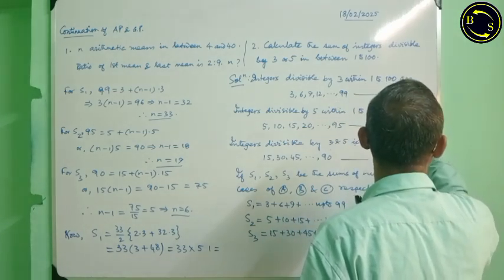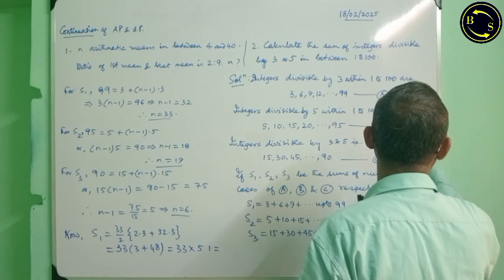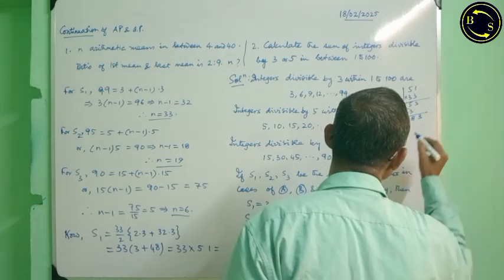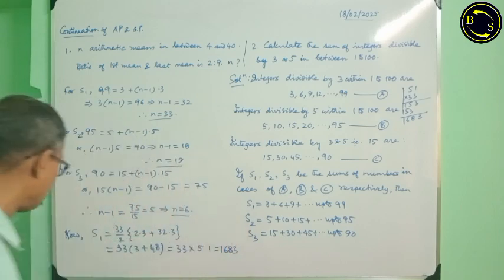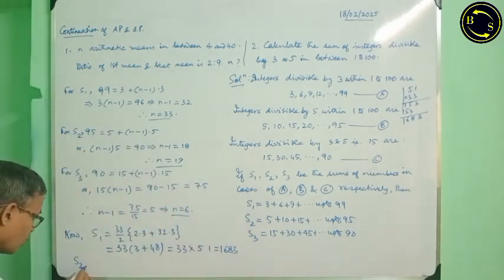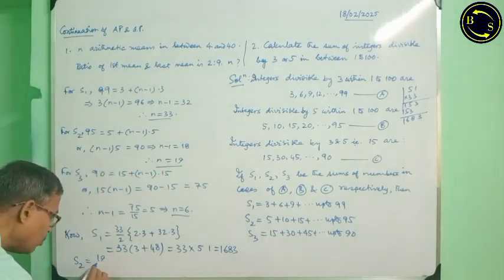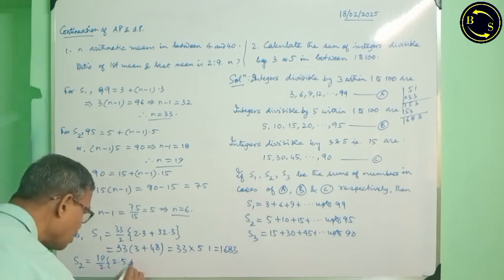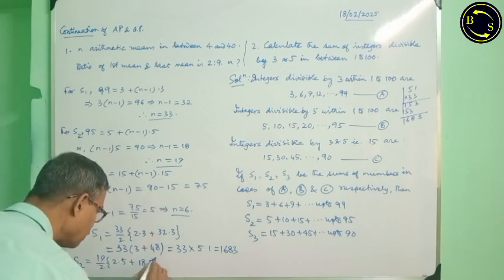I get the product 3, 1683. Then S2: 19 by 2, 2 into 5 plus 18 into 5.